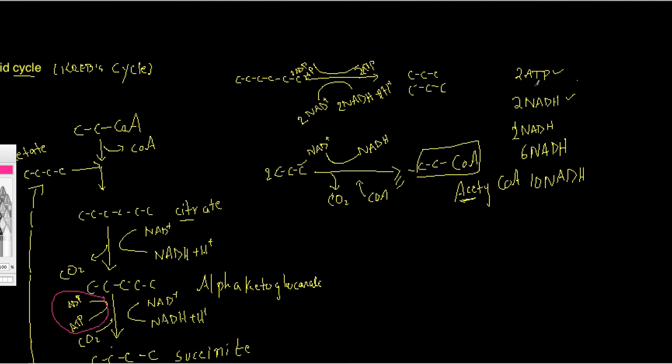We're talking about 2 pyruvates, since we break down glucose into 2. So we generated 2 molecules of ATP. So at the end, we generated 2 ATP molecules from glycolysis, 2 from the Krebs cycle, and at the end we have 4 ATP molecules.